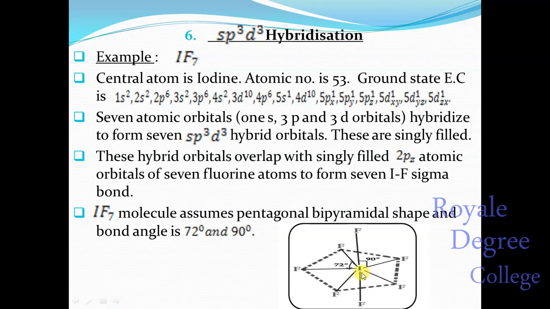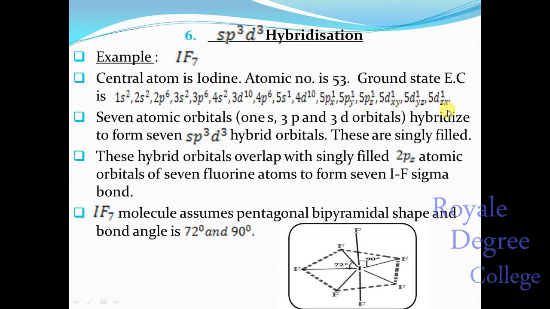The ground state electronic configuration of iodine is 1s2, 2s2, 2p6, 3s2, 3p6, 4s2, 3d10, 4p6, 5s1, 4d10, 5px1, 5py1, 5pz1, 5dxy1, 5dyz1, and 5dzx1. So here you can see one s orbital, 3 p orbitals and 3 d orbitals are involved in hybridization.